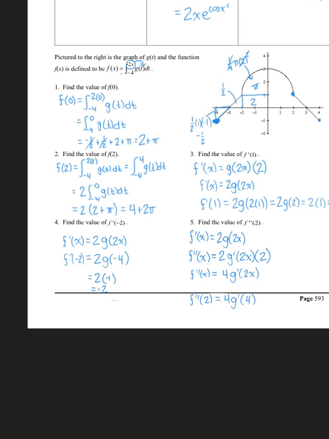If you remember back at differentiability, the only way to take a derivative is if it's continuous, and this is not because it's an endpoint. So this actually does not exist, because g prime of 4 is at an endpoint.